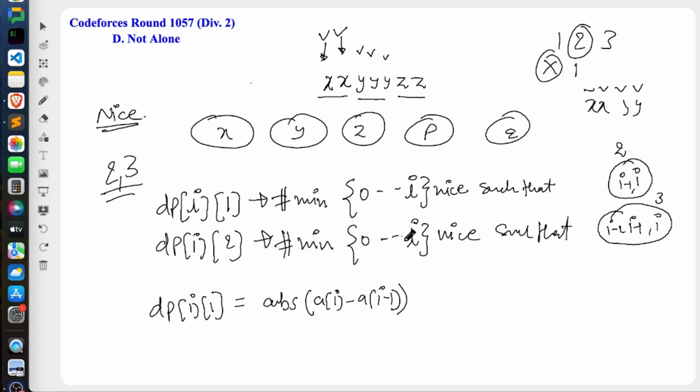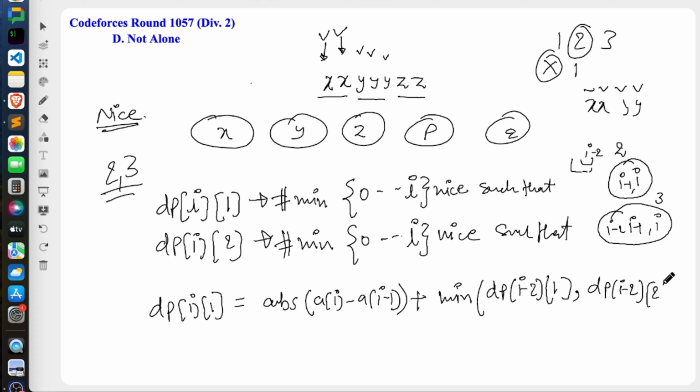So just take the difference, and that is the number of operations required to make both the same, plus the minimum of, so this is a block of size 2, so before that, at index I minus 2, it could be a block of size 2 or 3. So it's the minimum of DP of I minus 2, 1, or DP of I minus 2, 2, right? I hope you understand this part. So this is the recursive relation of DP of I, 1.